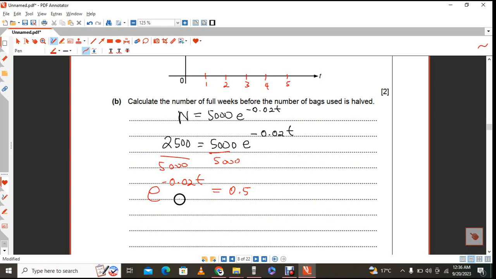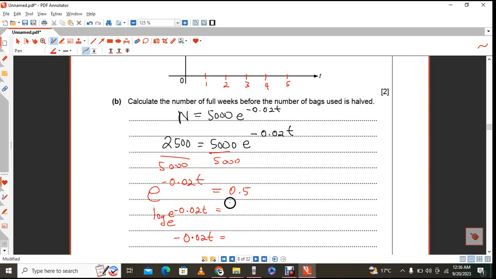Now, you are going to take the natural log of both sides, leaving me log base e of e to the negative 0.02t. Log base e is the natural log, so the log base e of e cancels. This basically leaves you negative 0.02t here.